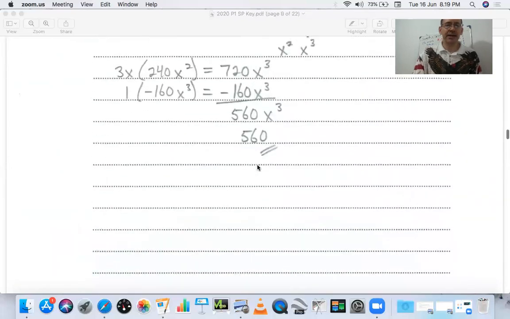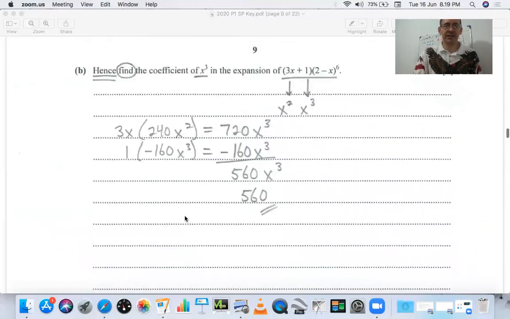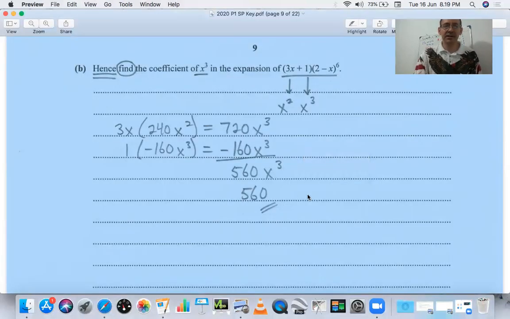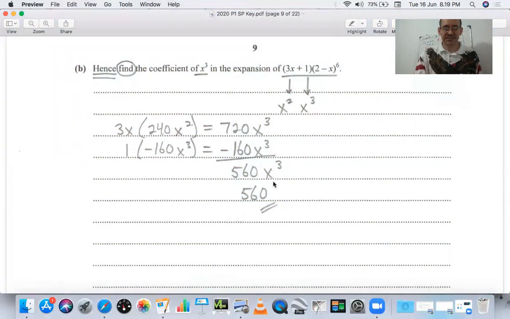So 3x times 240x squared, and we take the 1 times the cube from above, which was a negative 160x cubed. So this one up here equals 720x cubed. This one equals a negative 160x cubed. You subtract, and you get 560x cubed, and the coefficient is just 560.